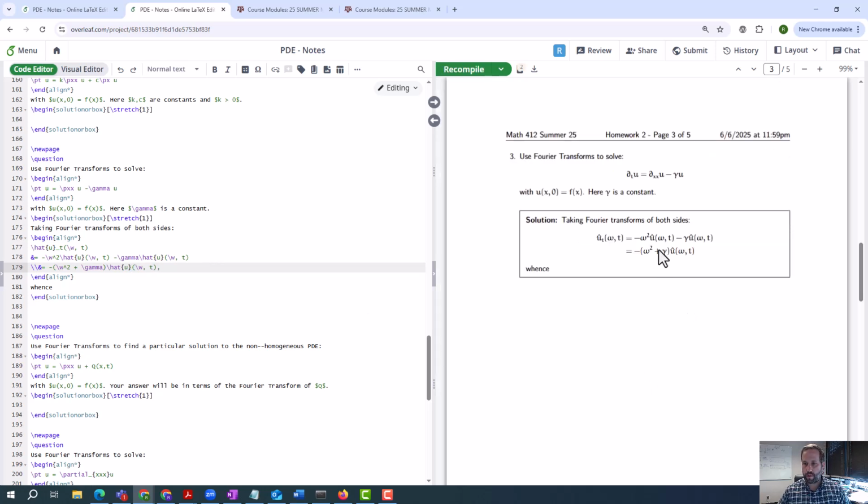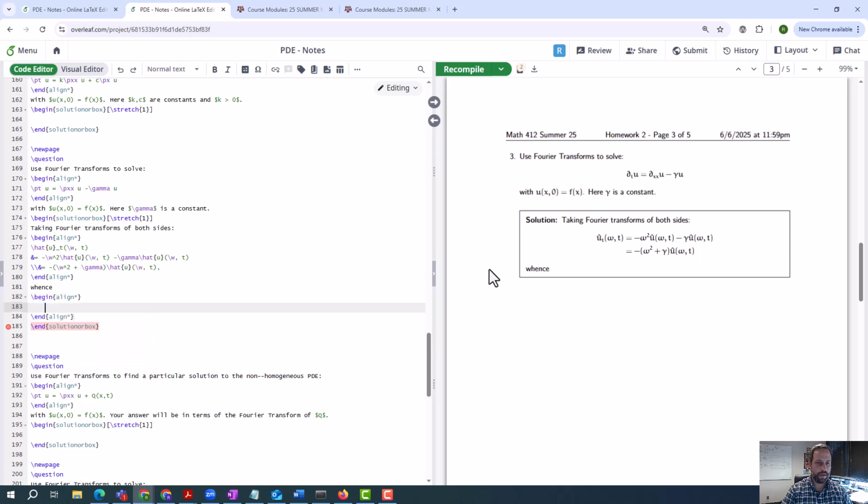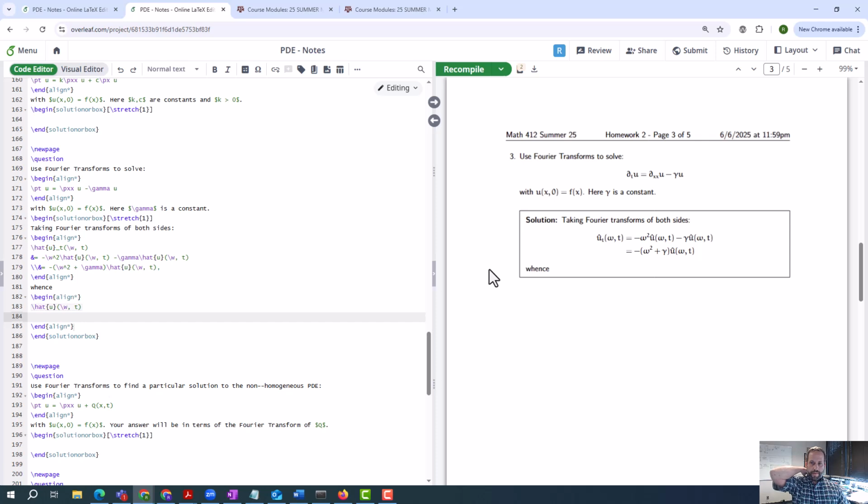Let me just make sure this is what I want it to look like. Okay, so we're just going to solve this differential equation, and from this we get the following. The Fourier transform of u is going to be equal to the Fourier transform of f times e to the power of minus omega squared plus gamma, t.